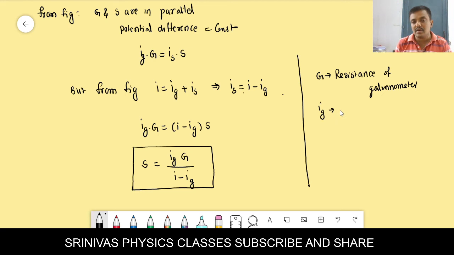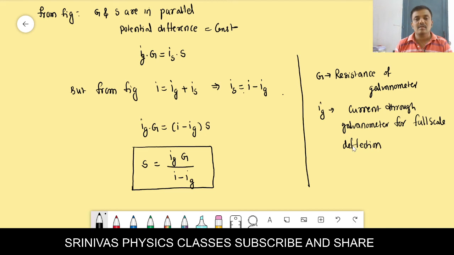Ig is the maximum current that passes through the galvanometer, or the current through the galvanometer for full scale deflection.